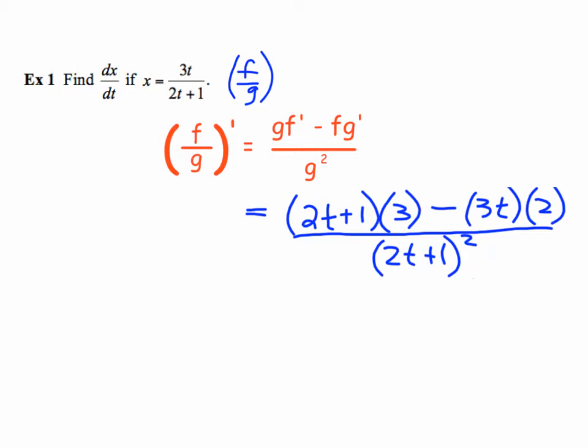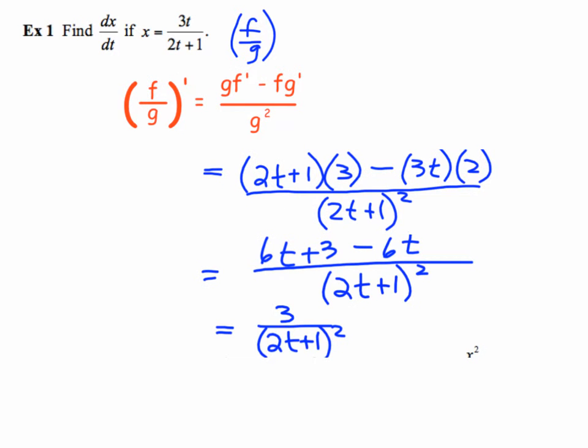And then I continue to simplify the numerator. Combine like terms, and it equals 3 over my denominator of 2t plus 1 all squared.